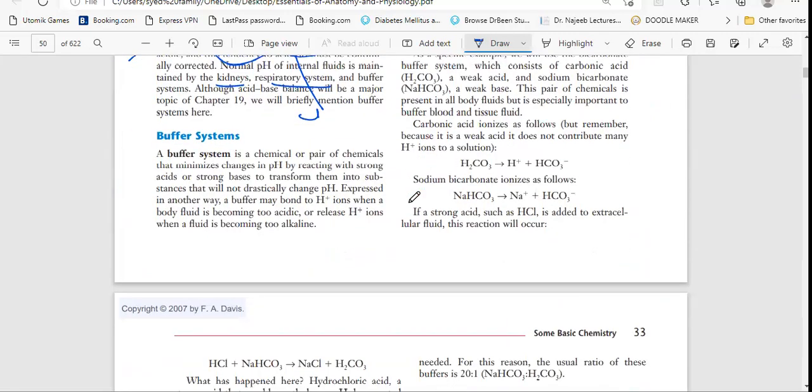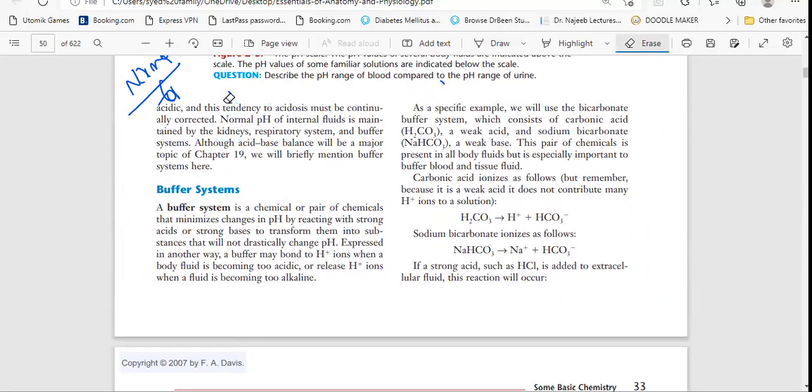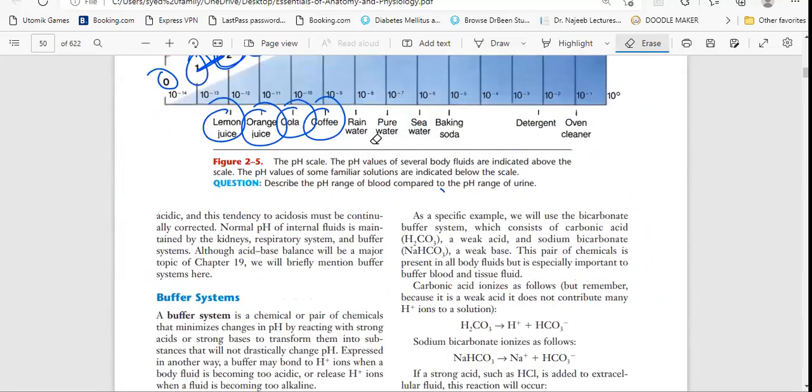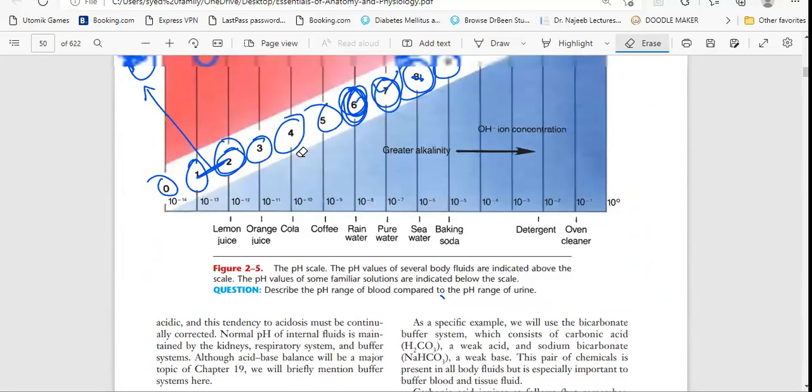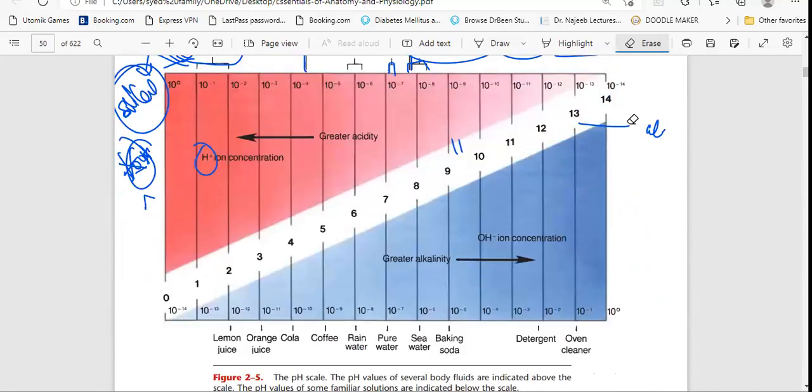Now we will talk about what our body does if the pH level is imbalanced. What is the normal physiology without getting help from medicine?